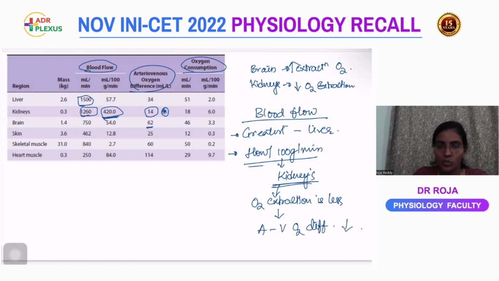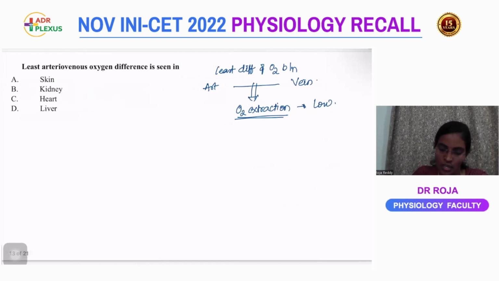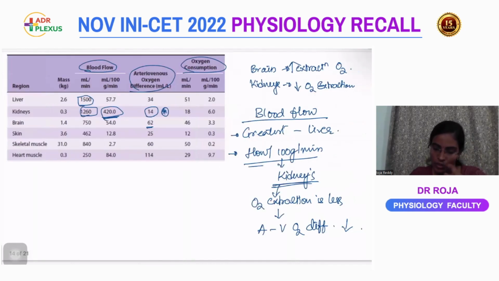So that is what your question is about. Less arteriovenous oxygen difference is seen in the kidney, and more in the brain. Greater extraction, greater metabolism. These are the two things which you need to remember.